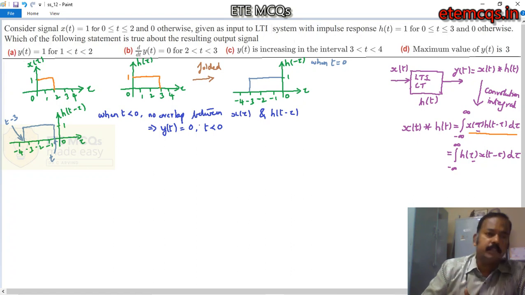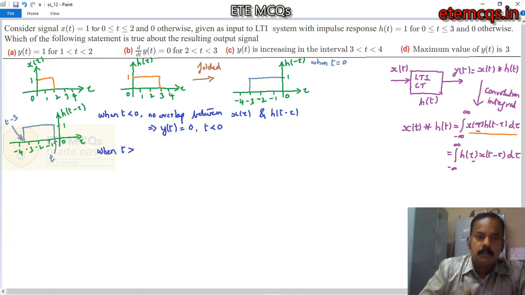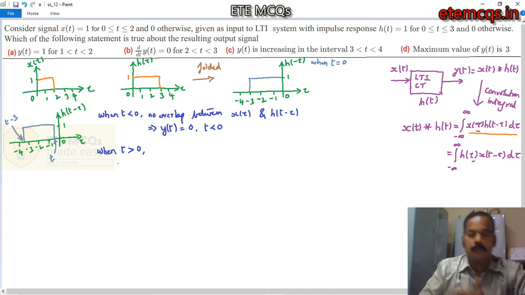Next, let us go for the case where t crosses 0 and there is an overlap. That will be the next diagram that we are going to draw, when t is greater than 0. Let us draw the diagram and see how the overlap happens.